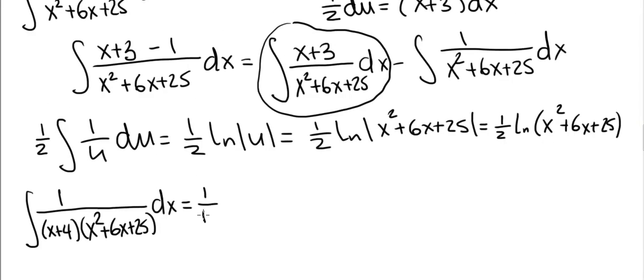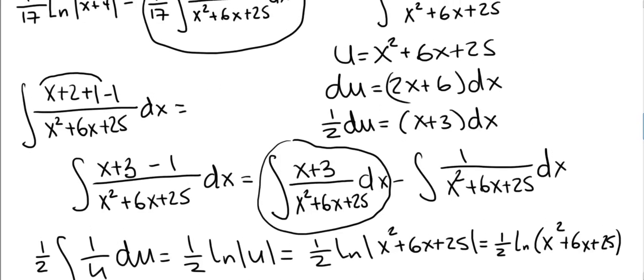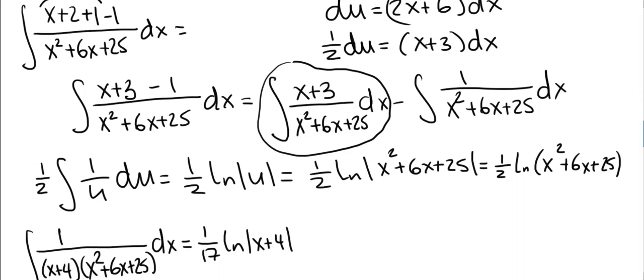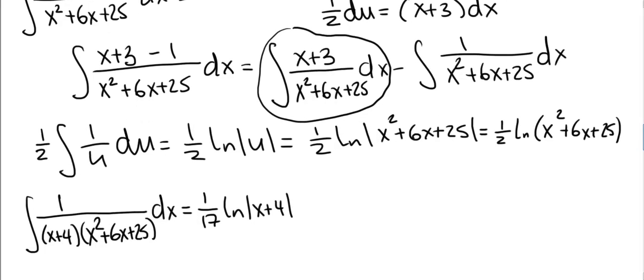And then we had minus 1/17 times the integral of x plus 2 divided by x squared plus 6x plus 25. Well, part of that integral is this 1/2 ln, so this is minus 1 divided by 34 natural log of x squared plus 6x plus 25.